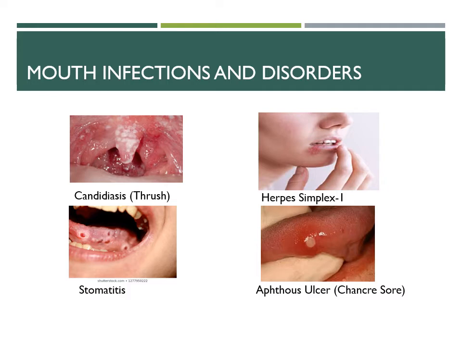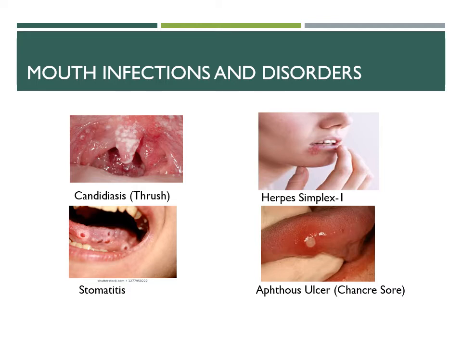Because if you're not rinsing your mouth after the steroid inhaler, it deposits on the back of the mouth and predisposes you to colonizing with yeast, and you can get thrush. Otherwise, thrush is relatively rare in a healthy adult. Thrush in a healthy adult is an indication that something else can be going on with the immune system.